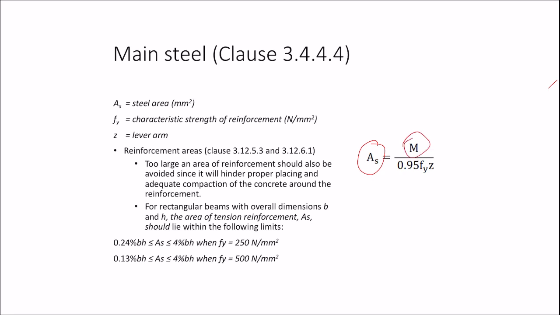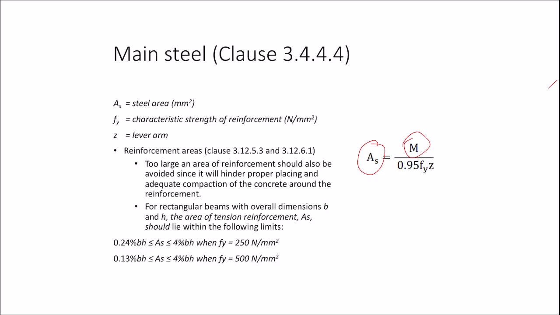M ni you tahu, ini adalah ultimate bending moment. 0.95 tu formula. And then Fy adalah characteristic strength of reinforcement. Maksudnya tensile strength of reinforcement yang you tahu whether it is 250 ataupun 460. And then we have Z, which is the lever arm yang I ada tunjuk dia punya formula.